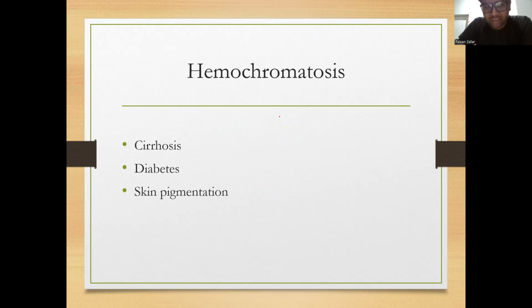Hemochromatosis typically presents with cirrhosis after 40. After 40 it is hemochromatosis; less than 40 with liver disease, it is Wilson disease. Diabetes and skin pigmentation, this is the typical triad of hemochromatosis.